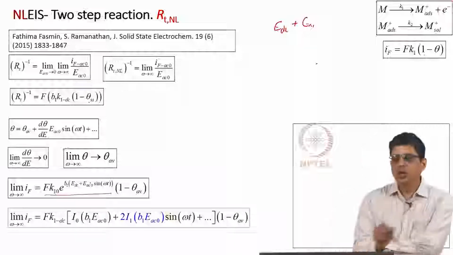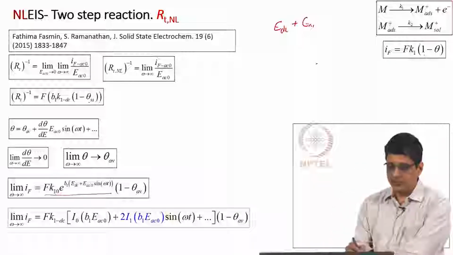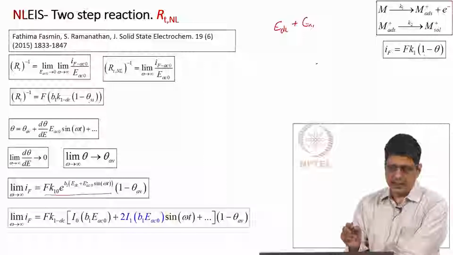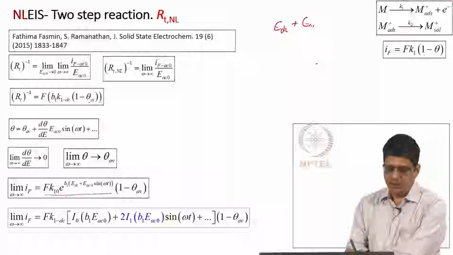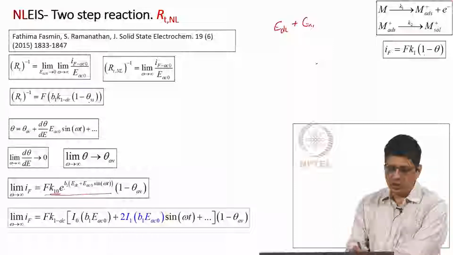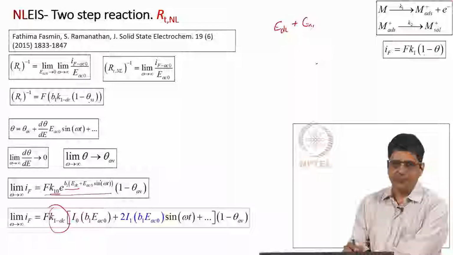Now, here I want you to try this. Instead of writing this in Taylor series and truncating after the first term, let us write it in Fourier series. So, we keep the k1 0 e power B1 EDC and call that k1 DC, e power B1 EAC 0 sin omega t, that I would like you to expand in Fourier series.